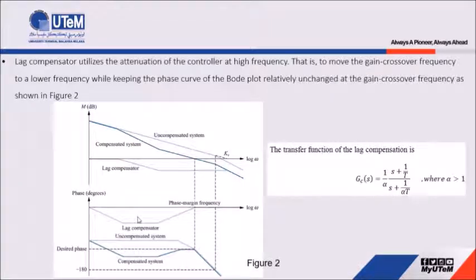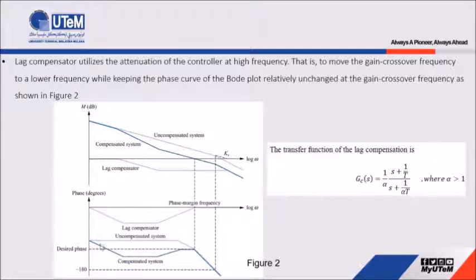A lag compensator utilizes the attenuation of the controller at high frequency, so as to move the gain crossover frequency to a lower frequency while keeping the phase curve of the Bode plot relatively unchanged at the gain crossover frequency, as shown in this figure. This one refers to the uncompensated magnitude plot.